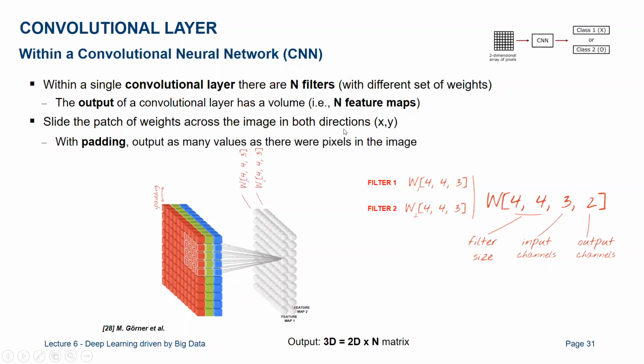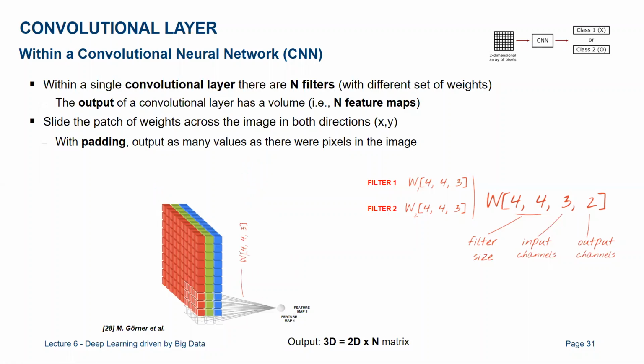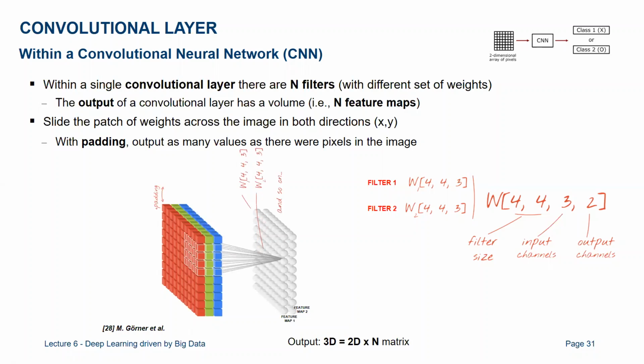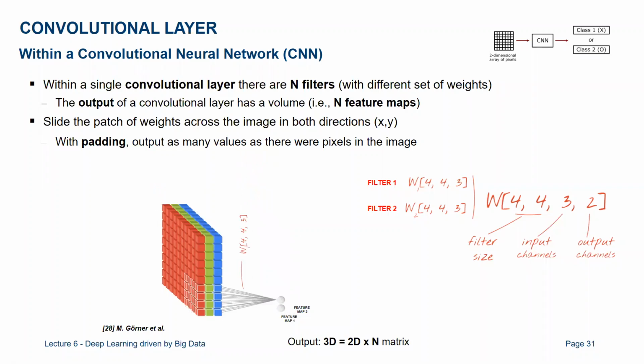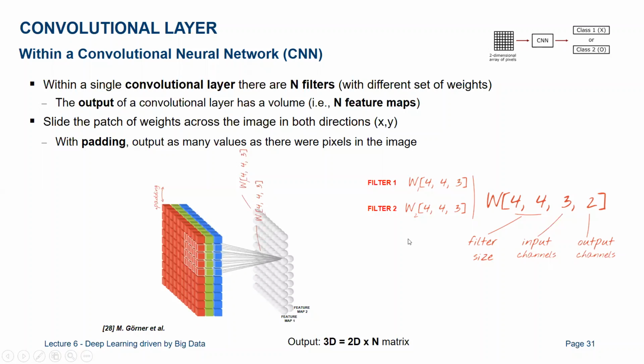So here we have 2 filters. We start with the first filter, we go across the image, and for each spatial location we get an output, which will form the final feature map, which is just another image. And you're going to use different types of filters, because each filter will be able to detect some particular features.